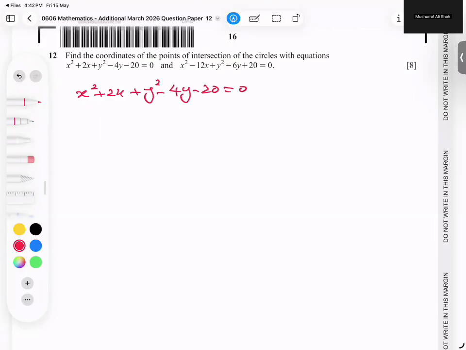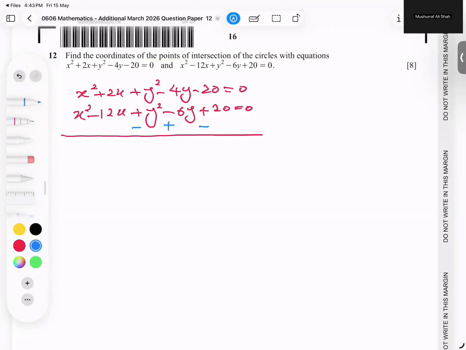So I'm going to cancel plus y squared, simple sign change. Because if you try to cancel x or y, it's not possible. Only one solution we have, we'll cancel x squared and y squared together.